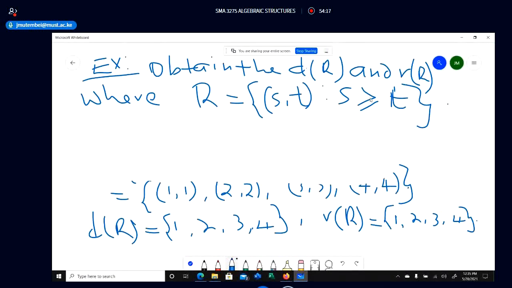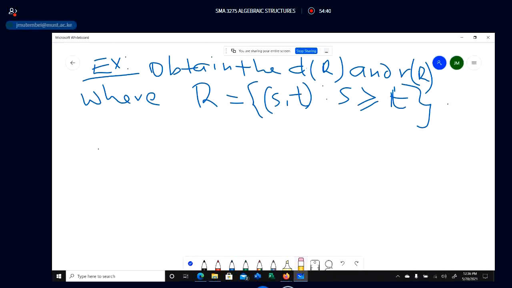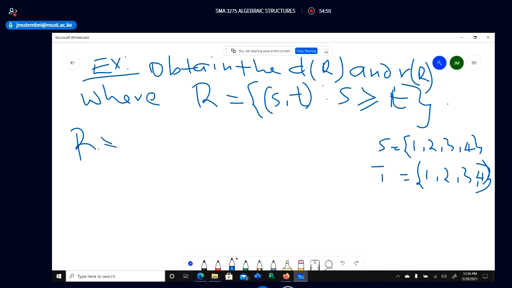Our relation R here is s greater than or equal to t, so the pairs are such that the first element is greater than or equal to the second element. Remember the two sets have elements 1 up to 4. S is the set {1, 2, 3, 4}, T is the set {1, 2, 3, 4}. Equality is accepted as well as greater than.